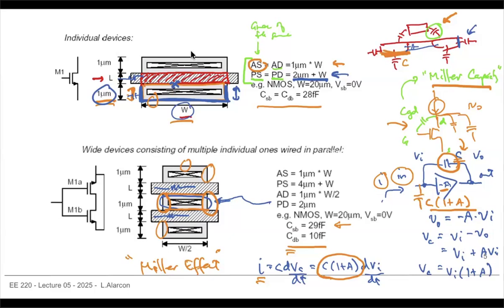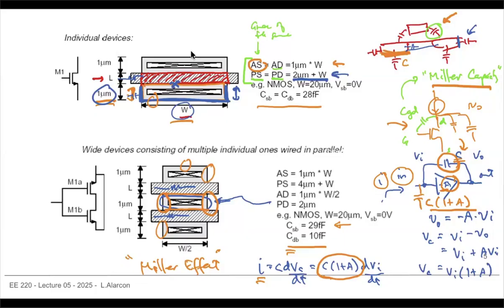So maybe I'll back off on the gain so that I can reach a certain bandwidth. That's something that is sometimes very easy to miss.